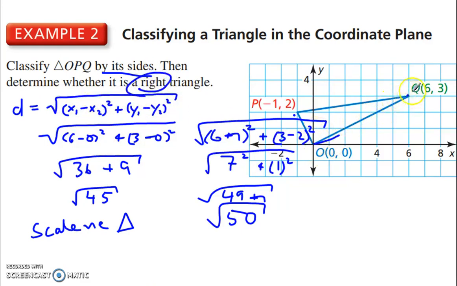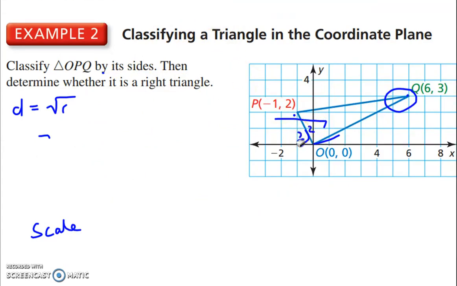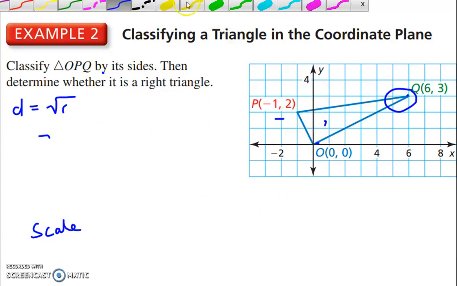Okay, this is obviously not a right angle up here, so we need to figure out whether either one of the other two is a right angle. Okay, so let's look at this one, because to me this looks the most like it might be a right angle. And we're going to do the slopes of these.